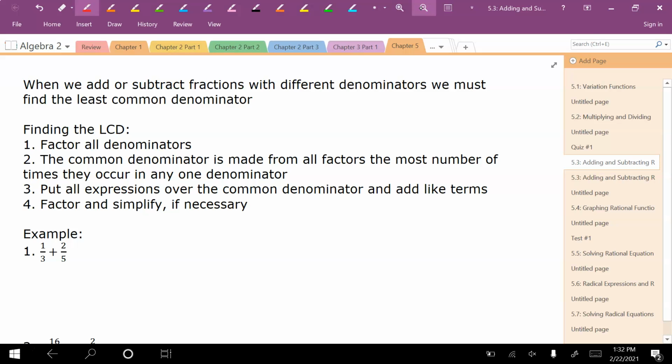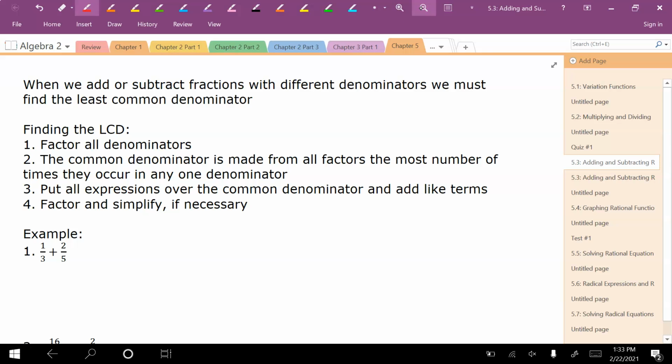Figure out then what the common denominator is. So everything about them has to match. If one of them has an x squared and the other one doesn't, we have to somehow get the other one to have that x squared. If you just need to get the numbers to match, then just get the numbers to match. Then what you're going to do is multiply the fractions by whatever needs to be multiplied by to get those fractions to match. And then go ahead and simplify.